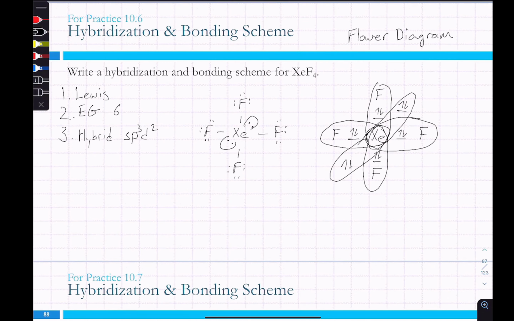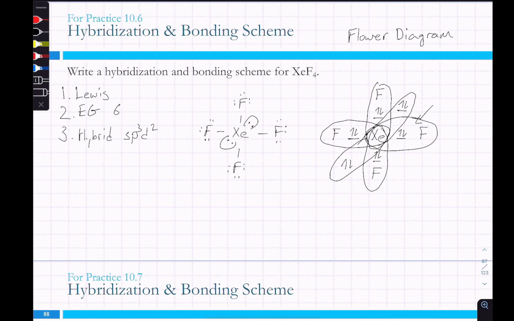So then, honestly, we can label all of the xenon to fluorine. So this from the xenon is an sp3d2 to which on the fluorine?